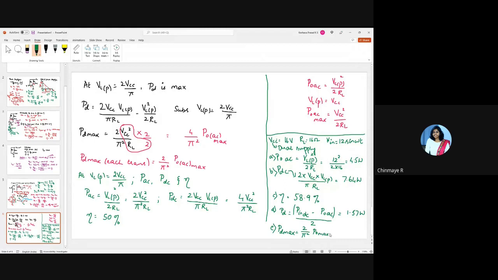So P naught max will be when the input voltage peak to peak is equal to VCC, right? Plus VCC minus VCC. So what is the maximum output AC voltage that this circuit can take? It will be VCC squared by 2RL, right?